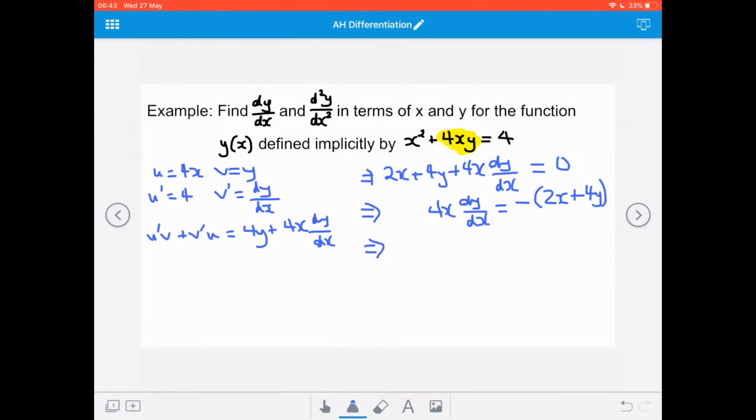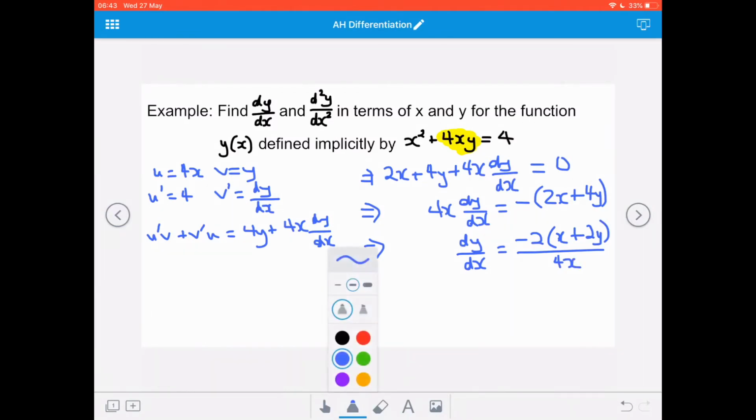Now the next step, we want to isolate that dy by dx, so we're going to divide both sides by 4x. And while I do that, I'm also going to take out that common factor of 2 to get negative 2 upon x plus 2y all over 4x. Now I can do some simplifying.